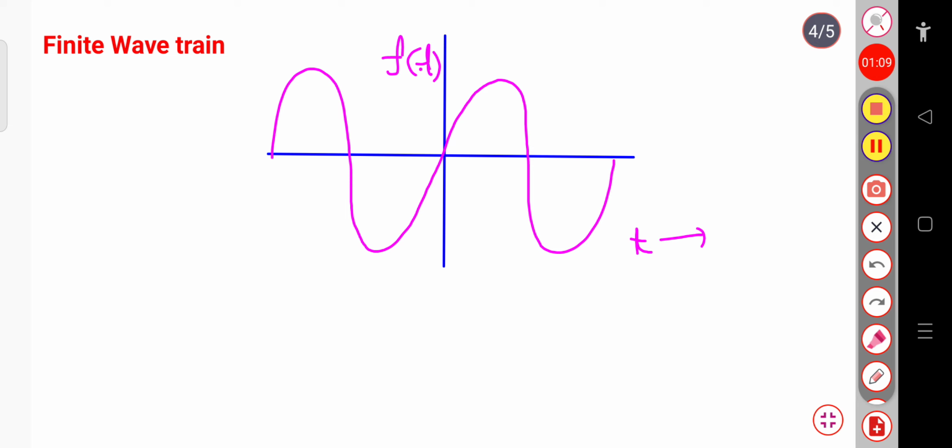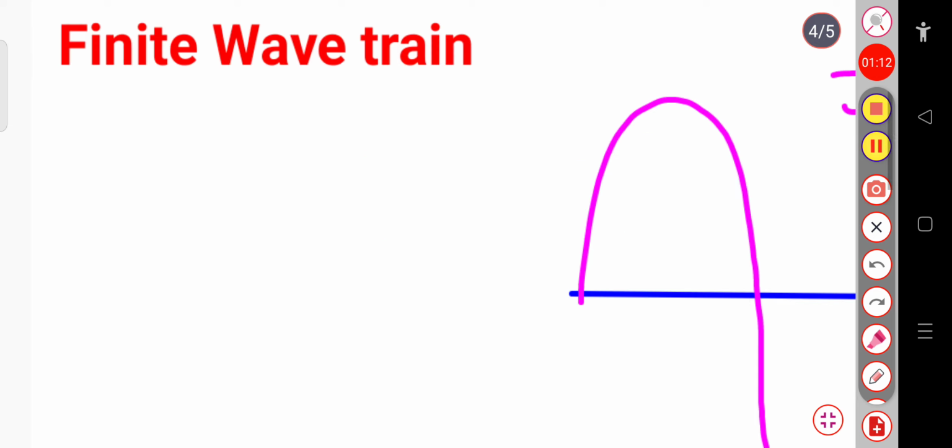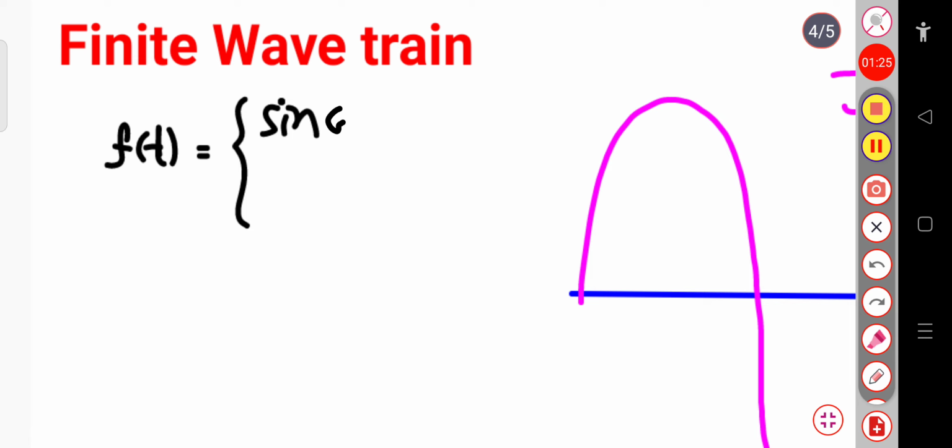Here I am writing this as f of t. Let us consider the function. Suppose the function f of t is equal to sine omega naught t and 0. These are the two values.